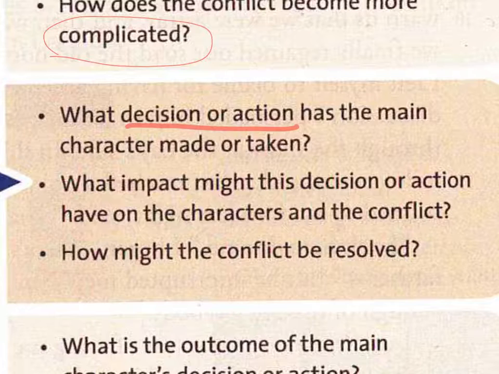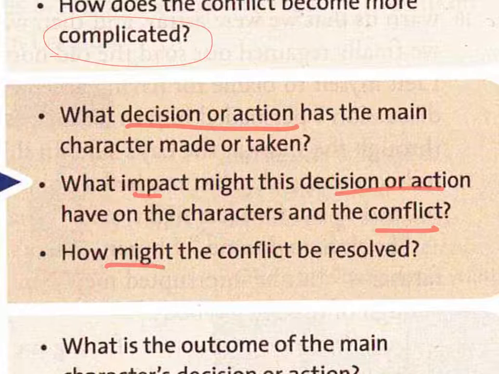What impact might this decision or action have on the characters, the other characters in the story, and the conflict? What impact? So what? This decision, this action, so what? How does it affect the rest of the story?